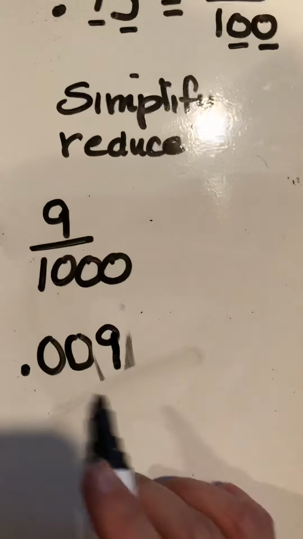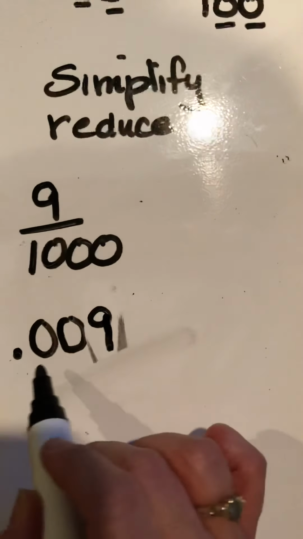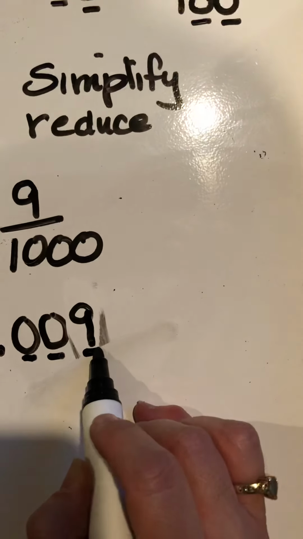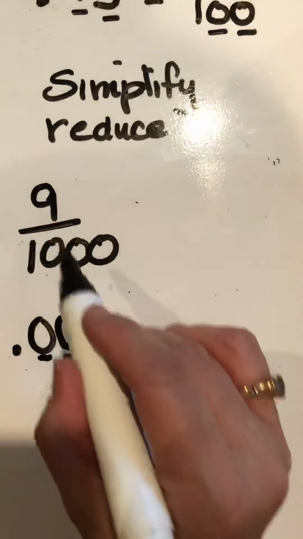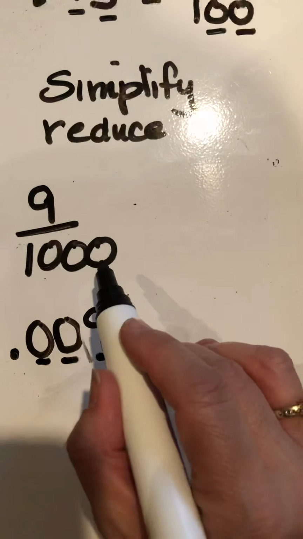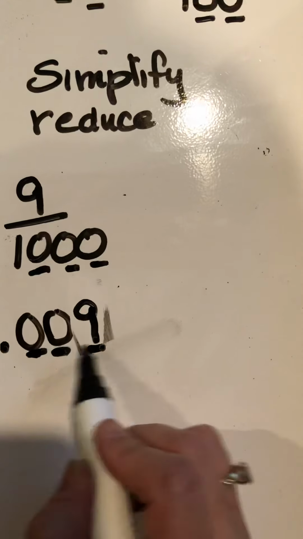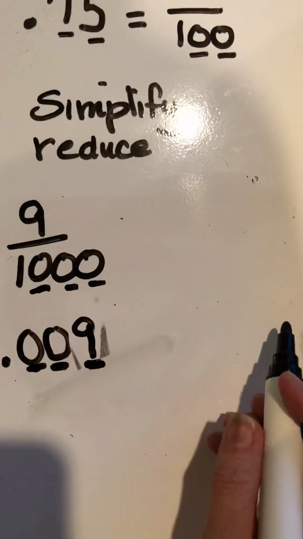Okay, so we know when we go this way, this is tenths, hundredths, thousandths. So this is 9 thousandths. Okay, 3 zeros, 3 places after the decimal.